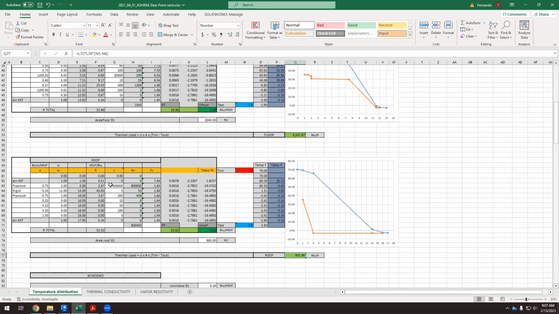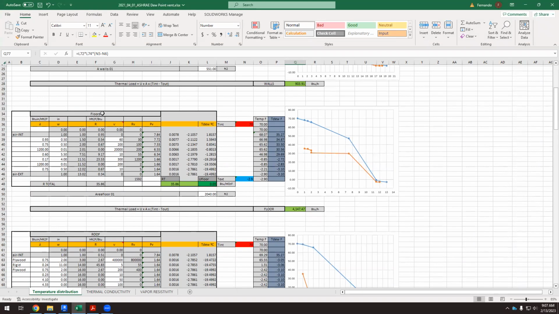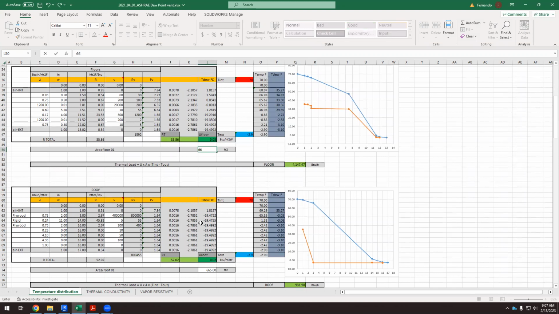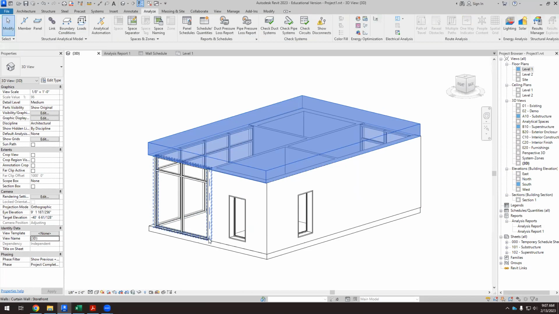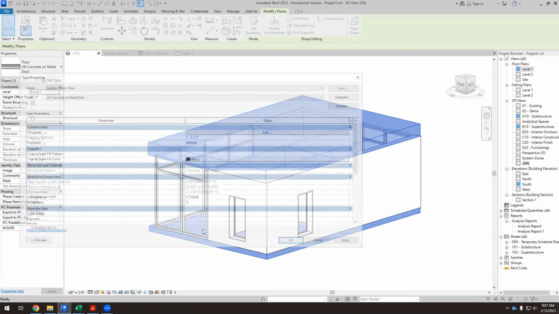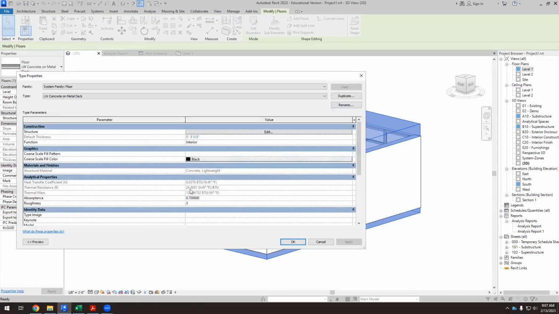What about the floor? So for the floor, the area of the floor is the same as the area of the roof. So it's going to be 665. And the R value of the floor, I think in Revit, it was around 20. Yeah, it's 26.